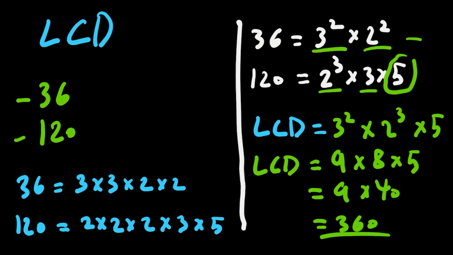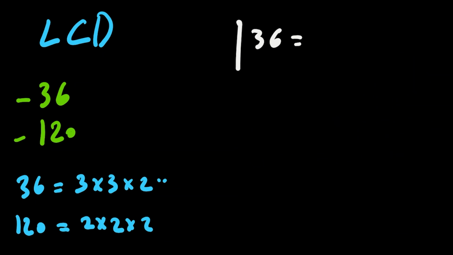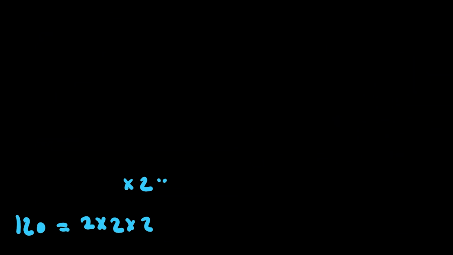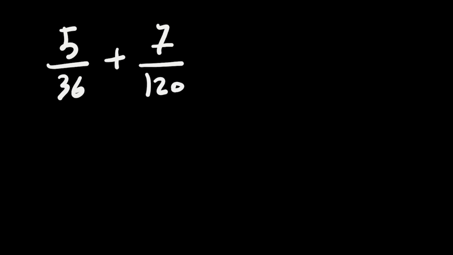Let's see an example. 5 over 36 plus 7 over 120.